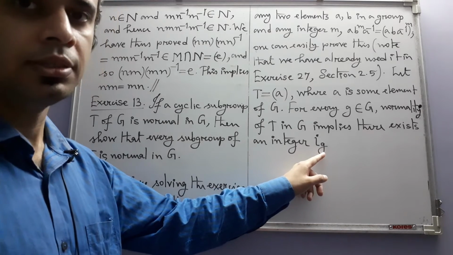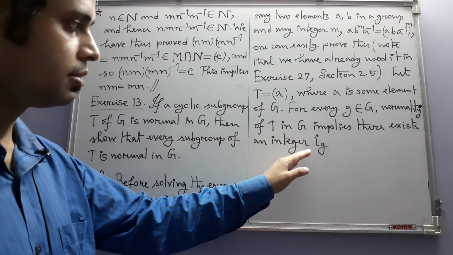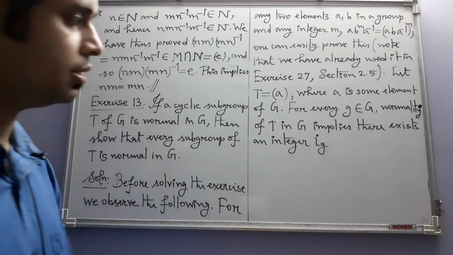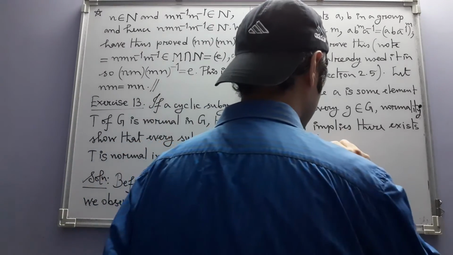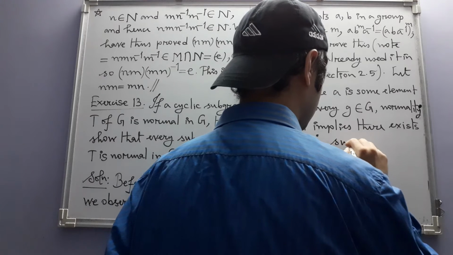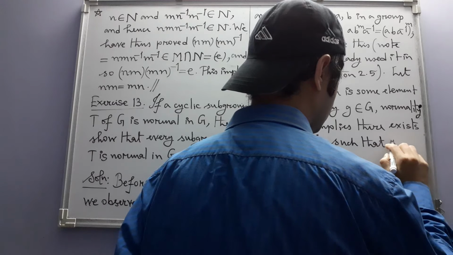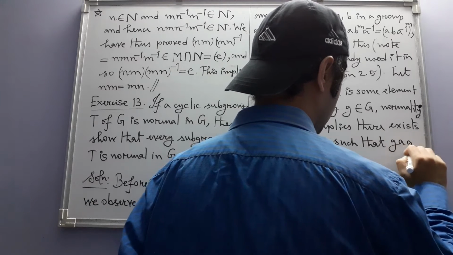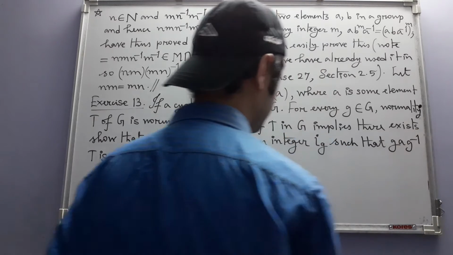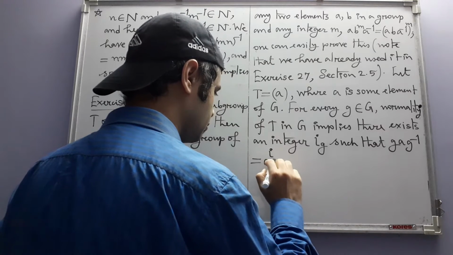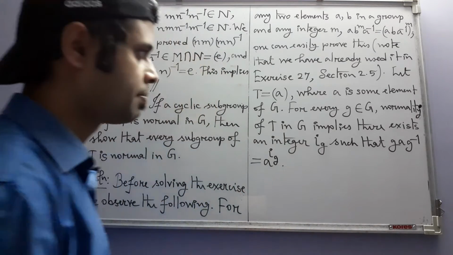We are using g here as a suffix because it shows that the integer i_g depends on g, such that g a g inverse is equal to a to the power i_g.